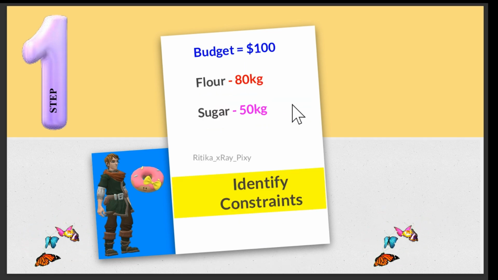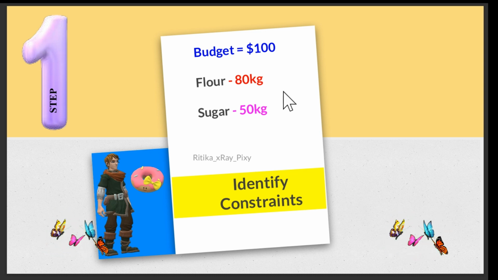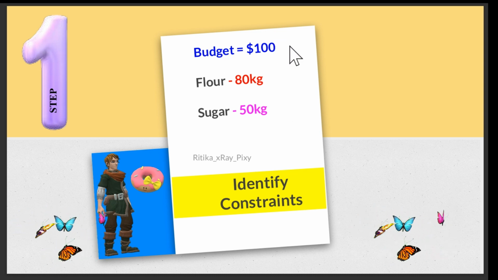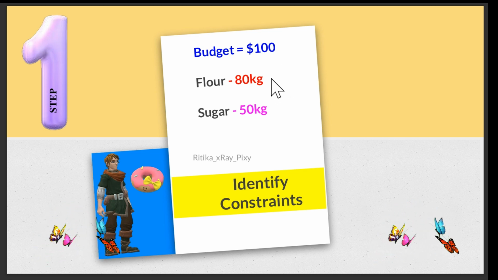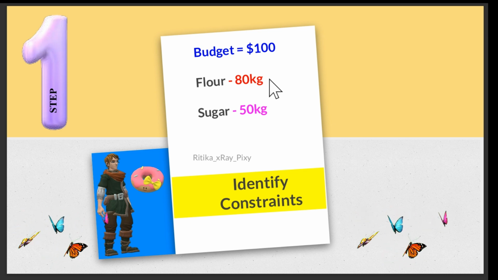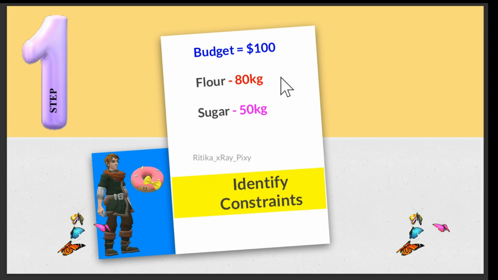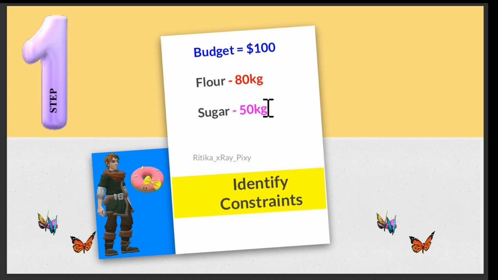Now we will identify the constraints. Constraints are the restrictions. So here we have the first constraint, the budget, that is $100, and then we have the minimum requirement, a specific requirement for each ingredient, like here we have minimum requirements for the sugar and flour.